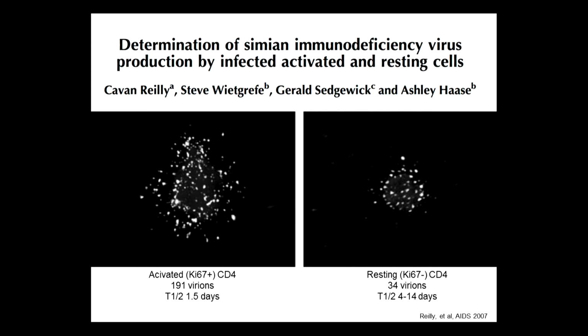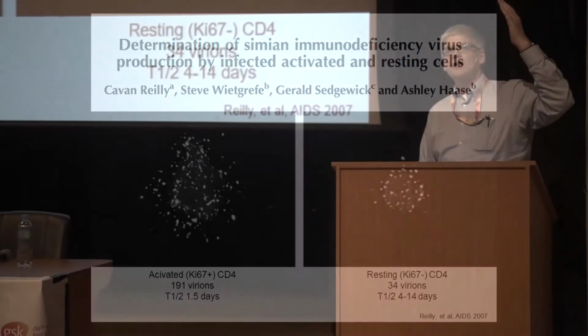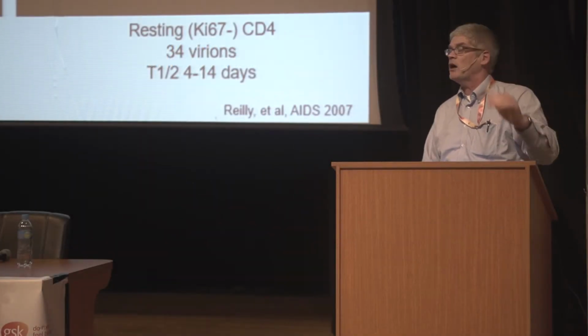But the point is that depending on the activation state of the cell, it's going to be making different amounts of virus. When it's Ki67 positive, you have 191 virions being expressed at that snapshot in time. Because remember, this is just a lymph node that's been removed and fixed, and you're looking at a snapshot.